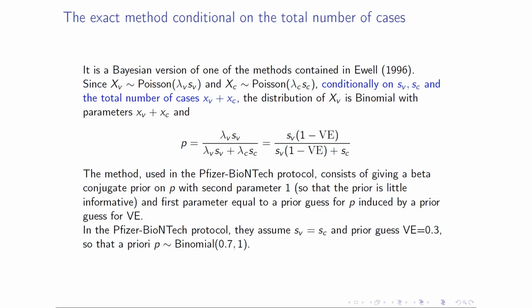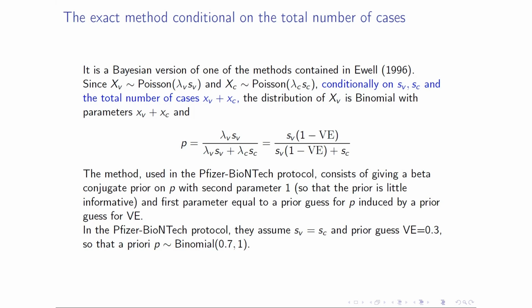The distribution of XV is binomial with certain parameters. You do a binomial-beta conjugate analysis, and you get a posterior mean for vaccine efficacy and a posterior credible interval. That's what they did in the Pfizer BioNTech protocol, and you can see the results in the paper I mentioned before.